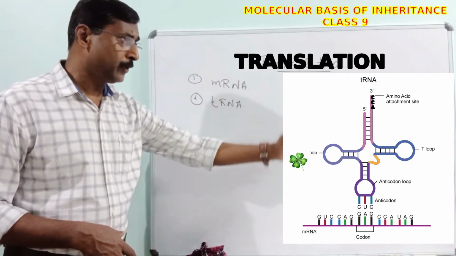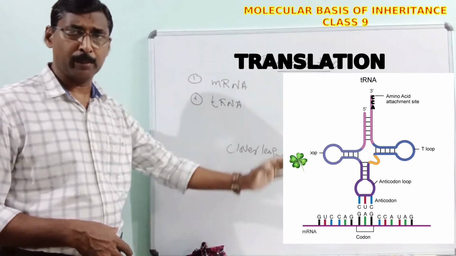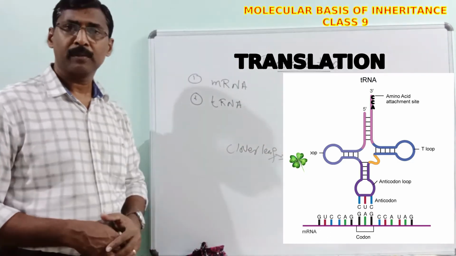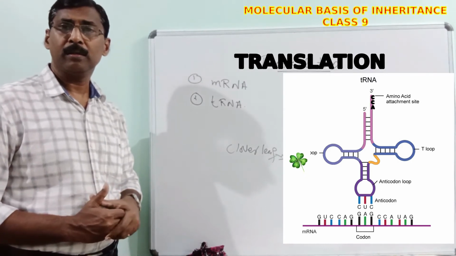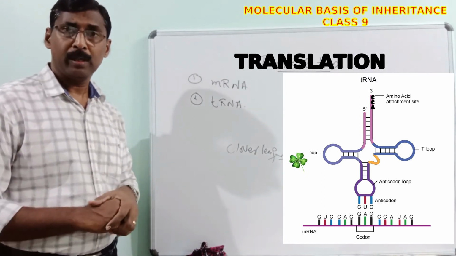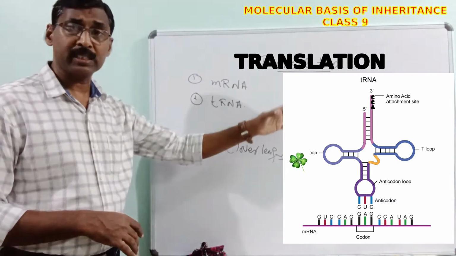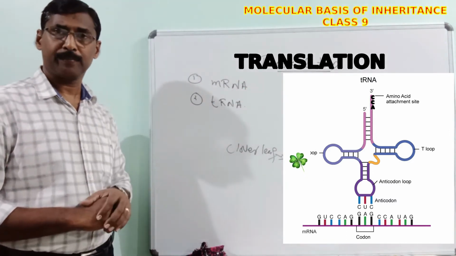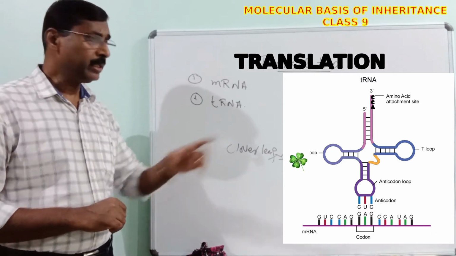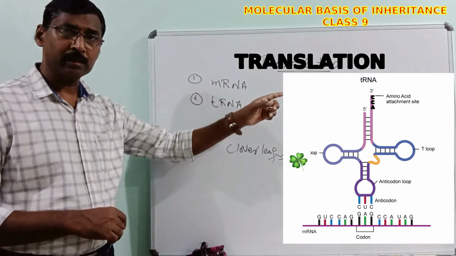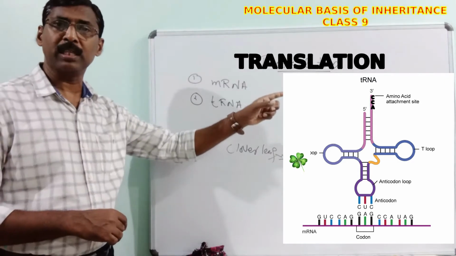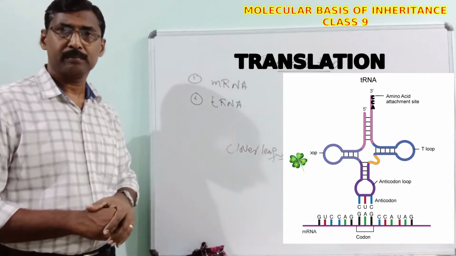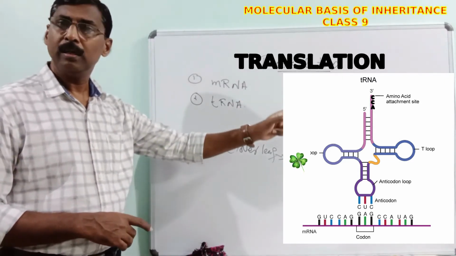Now, out of the 4 lobes, 2 lobes are important. The first lobe is an arm called the amino acid acceptor arm. It has a terminal sequence CCA.